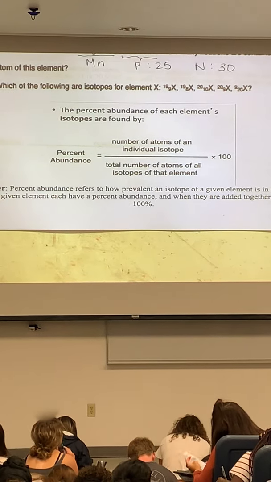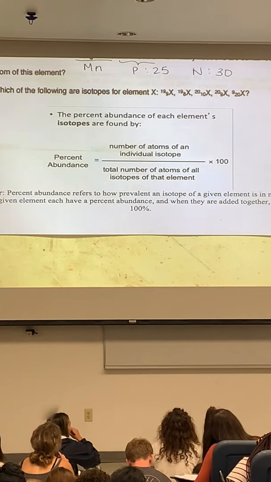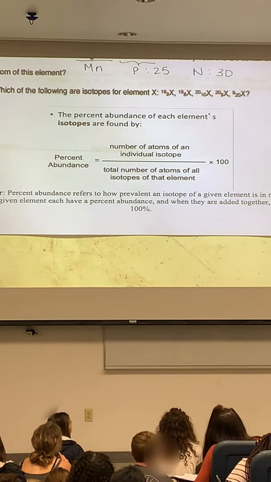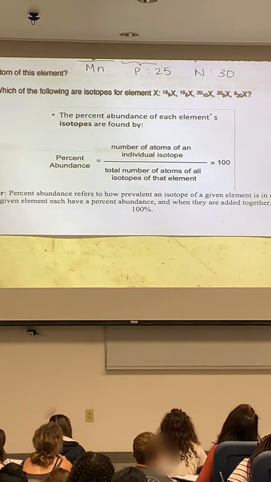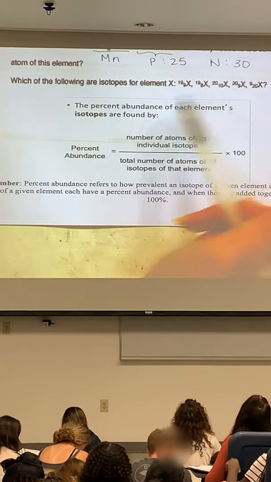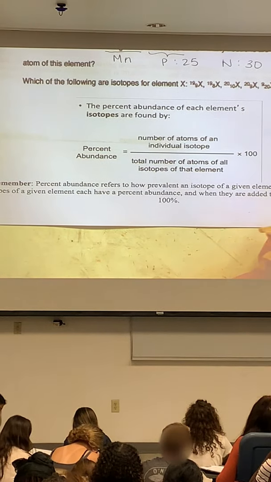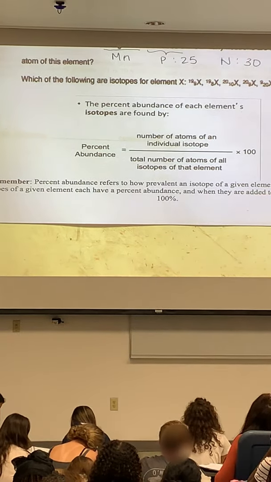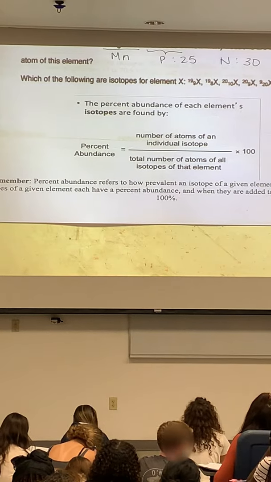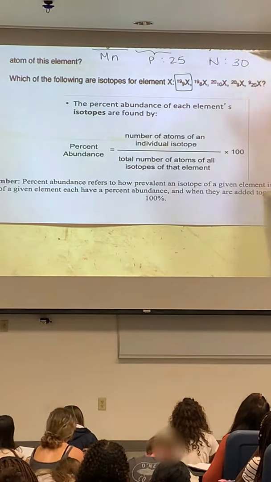Correct. So using this notation, I want you guys to point out the pair of isotopes for the element. Tell me which two of these are isotopes of each other. I heard it, so somebody said this one and this one.